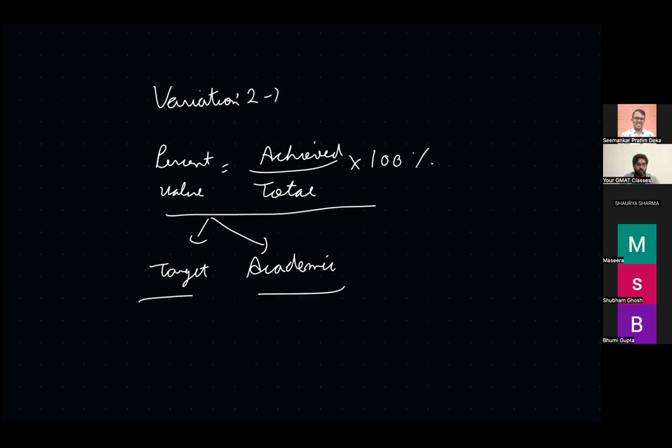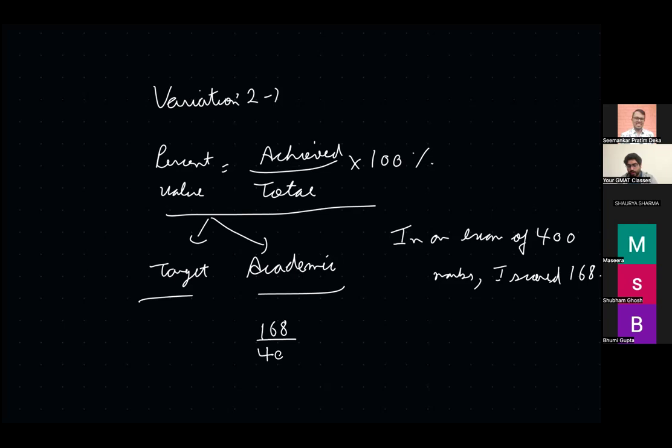Like in an exam of 400 marks, I scored 168. So achieved is 168. Total is 400 into 100%. 0s cancel. 168 by 4, 42. So I achieved 42% of the marks.